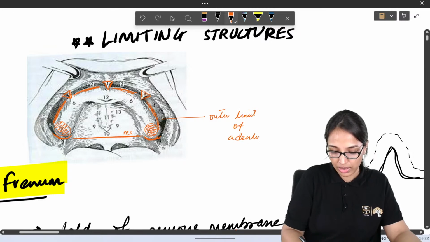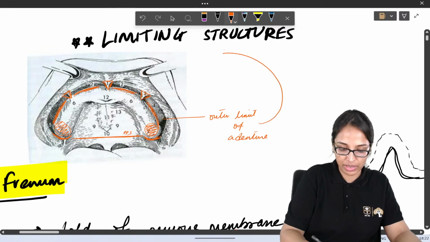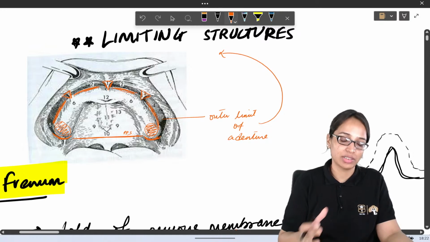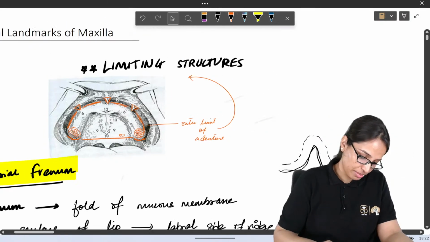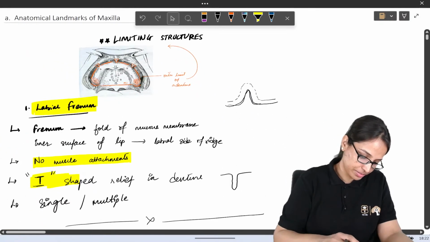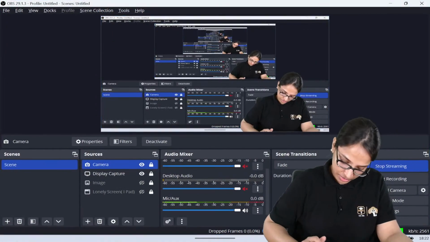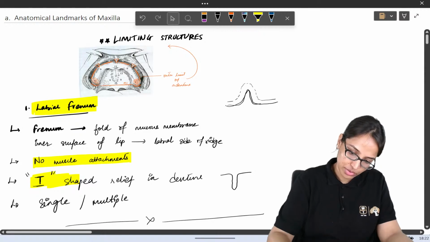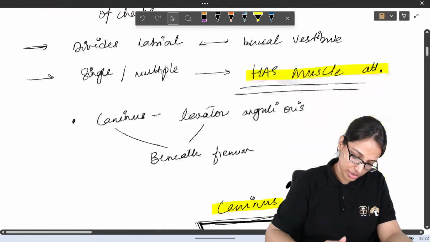That is why, since they form the limit of the denture, they are called the limiting structures of the anatomical landmarks of your maxilla. So that is about your limiting structures.